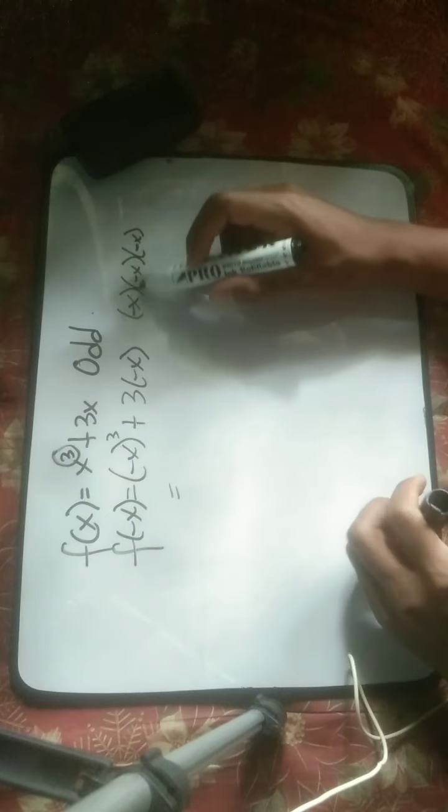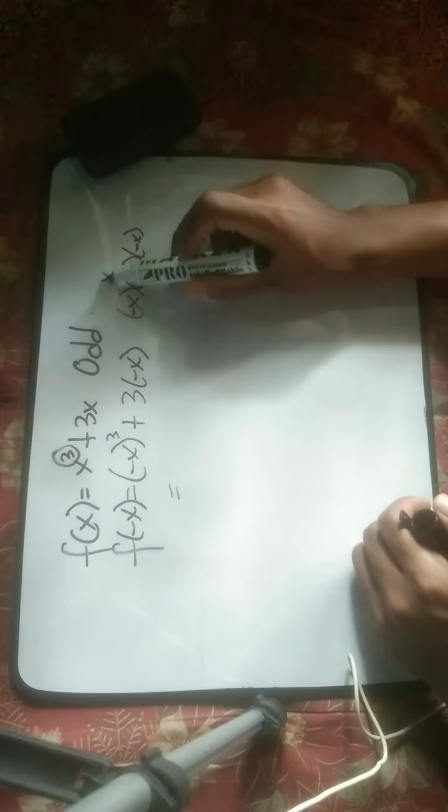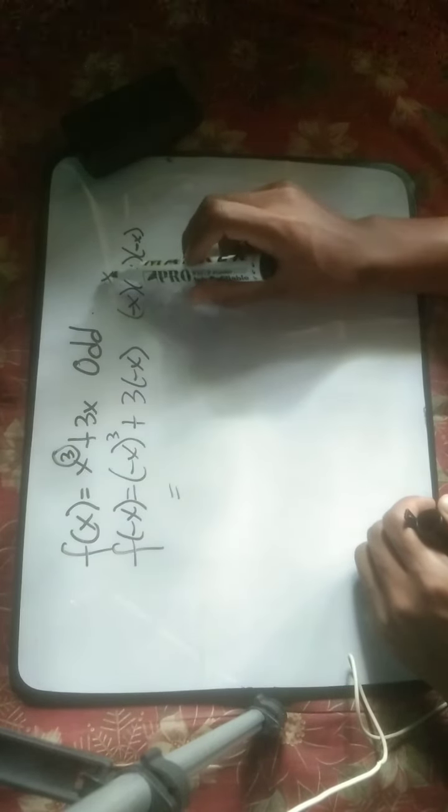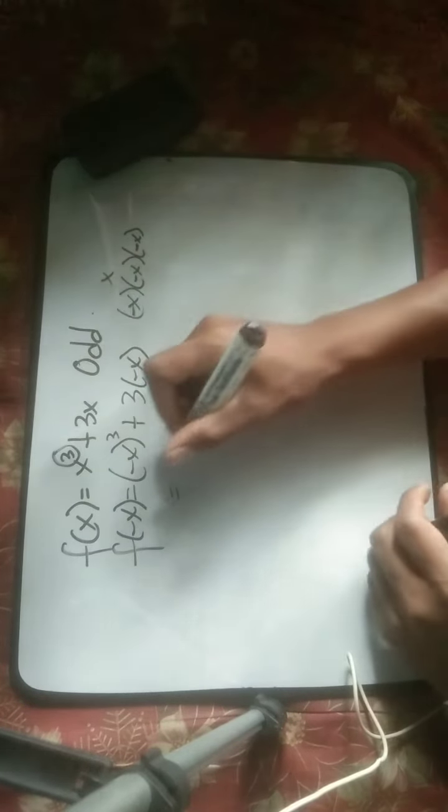Negative times negative is positive. If we then multiply by negative times positive x, the result is negative.